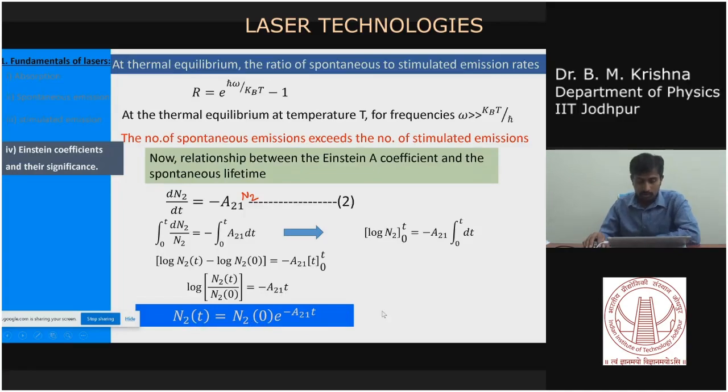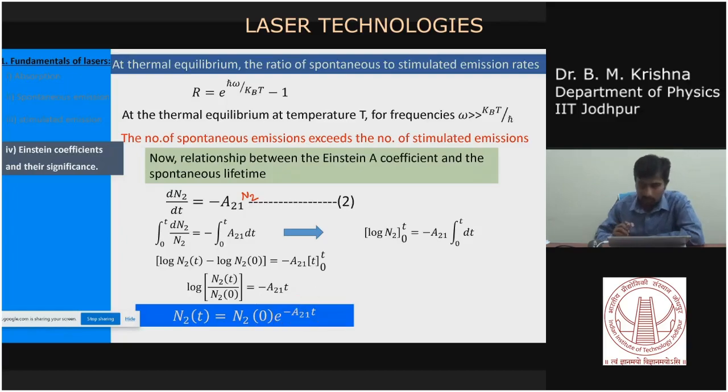So your population N2 is time dependent. It requires the initial time: N2 of 0 is the population at the initial time, and at time t the population varies according to this function. Now you see in the exponential function e to the power of A21 and t.